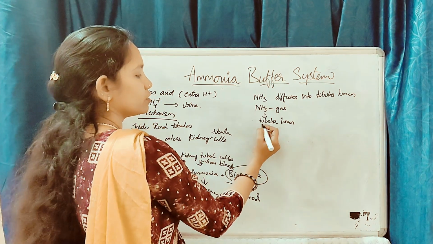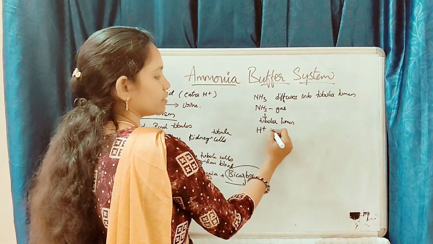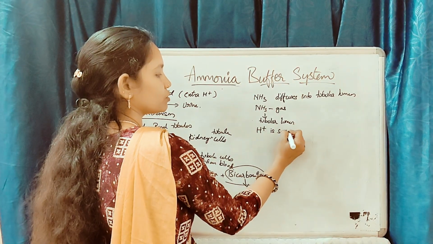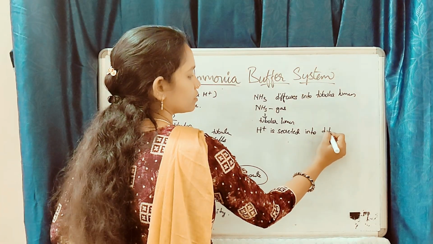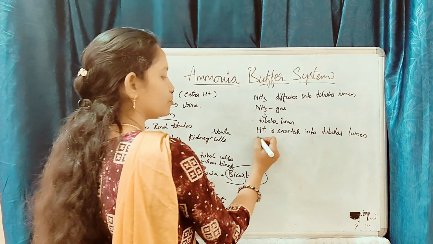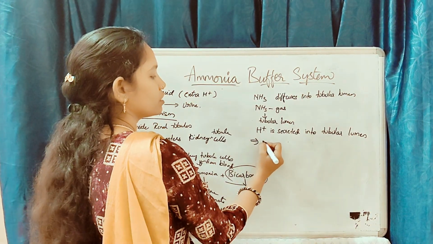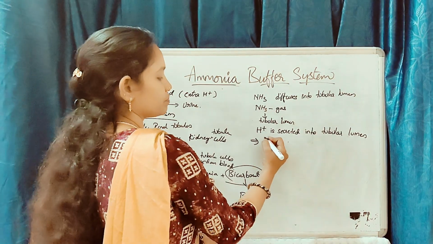So, third step, now H plus is secreted. Now this H plus is also secreted into the tubular lumen. Now let's see how the H plus is secreted into the tubular lumen. So first, we have already known that carbon dioxide is produced during metabolism, right?